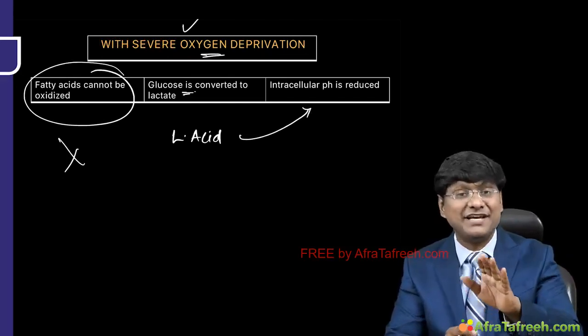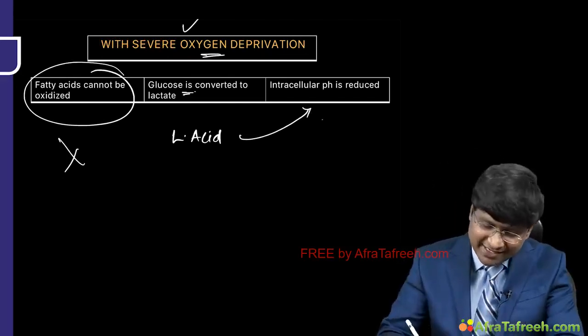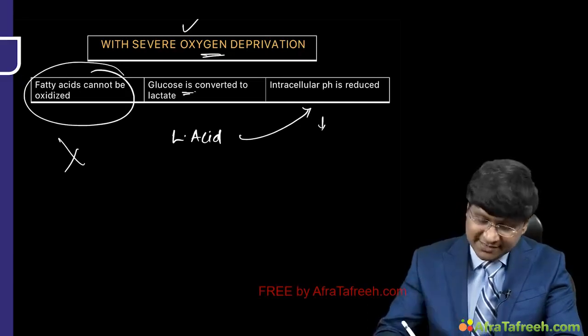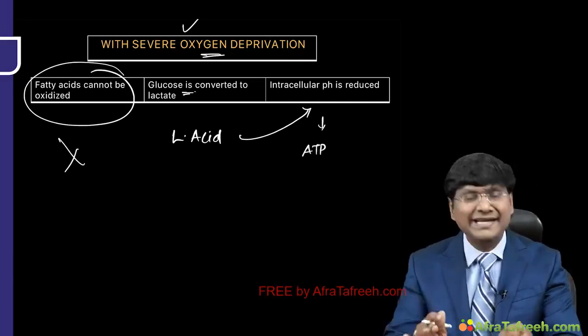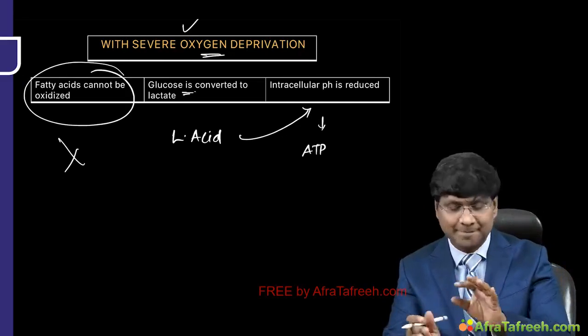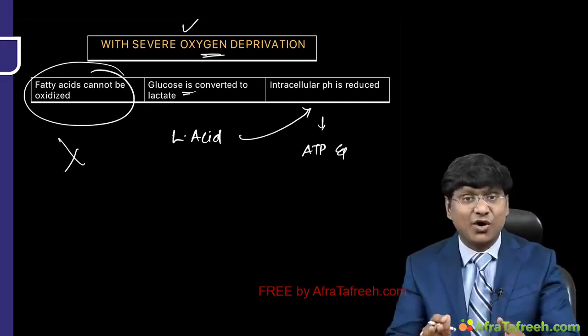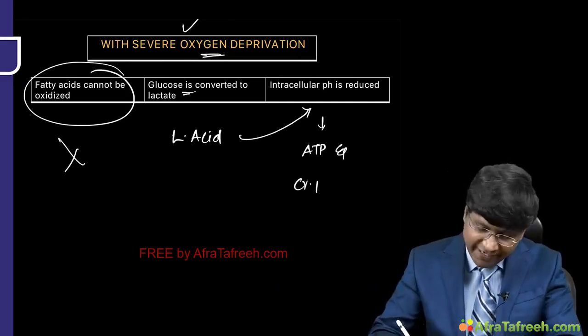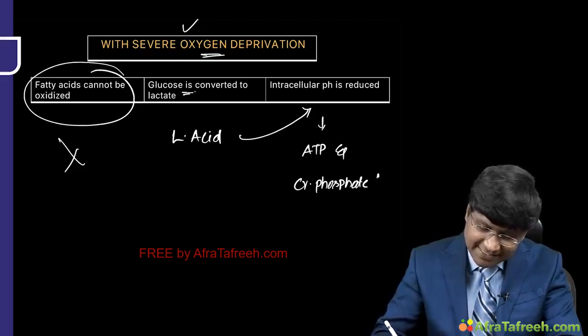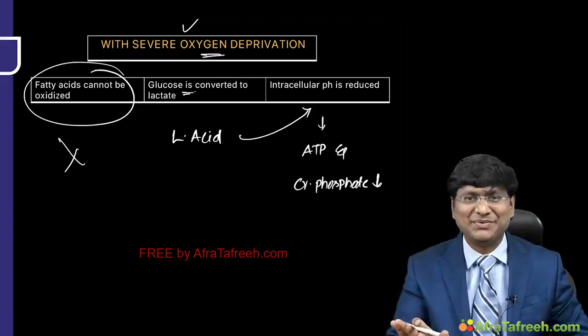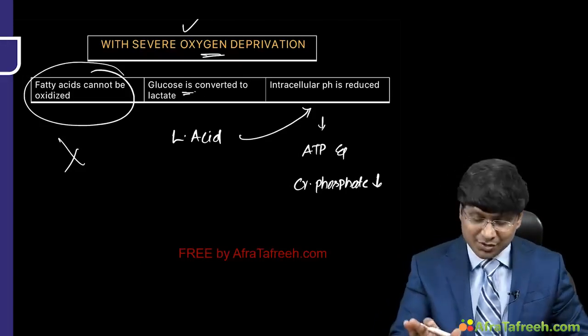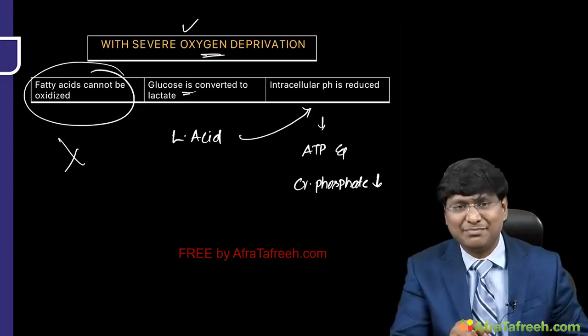Okay, the intracellular pH is reduced. So once the intracellular pH is reduced, the synthesis of the high energy phosphate like ATP and the synthesis of creatine phosphate will be reduced, right? So this will be the biochemical abnormality.